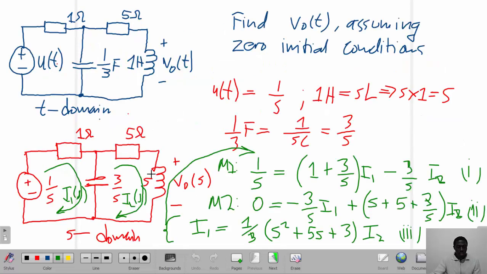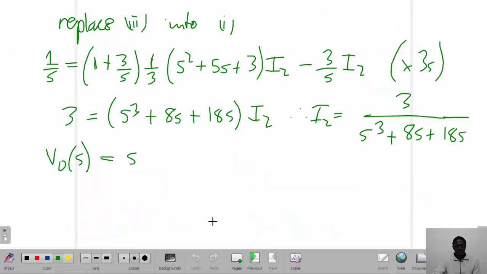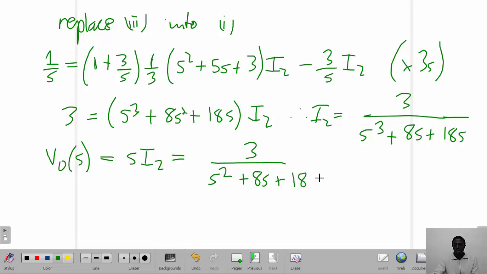If you remember, this is the S. It multiplies by the current I2, and this simply gives us 3 over S squared, now it's squared, plus 8S plus 18. Yes, there must be a square there.